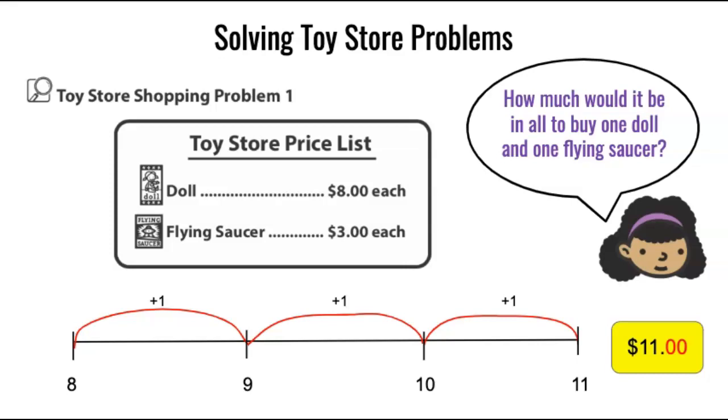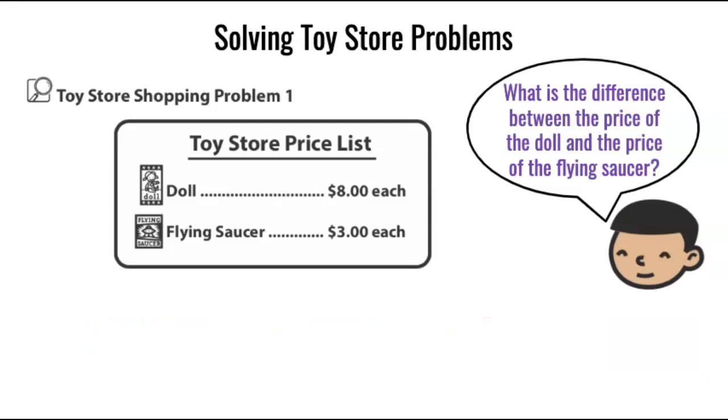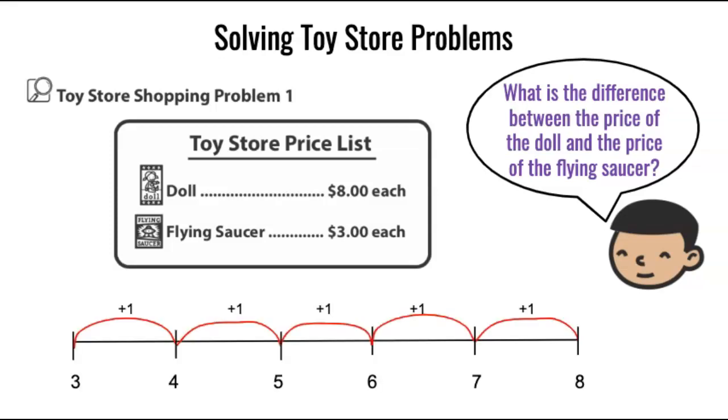Answering that question was pretty fast. So let's think of another question we could pose. We could ask, what is the difference between how much the doll costs and how much the flying saucer costs? That is another problem that we could solve using an open number line.